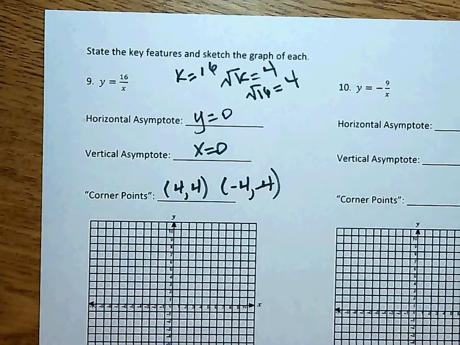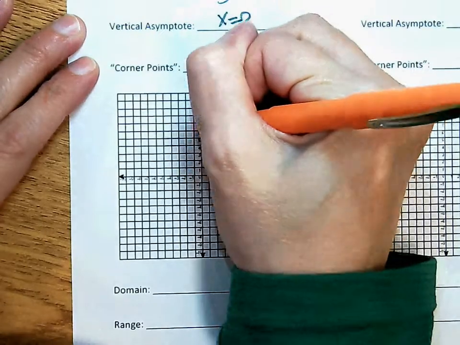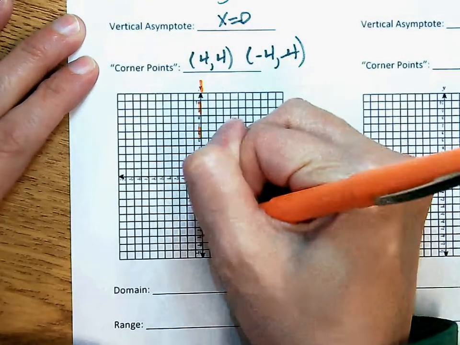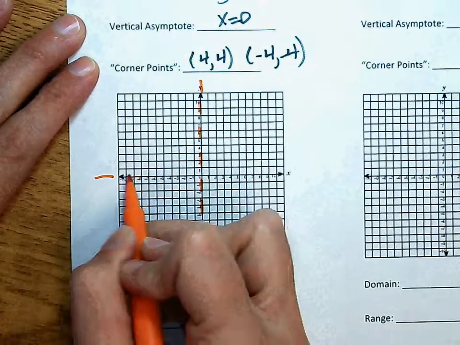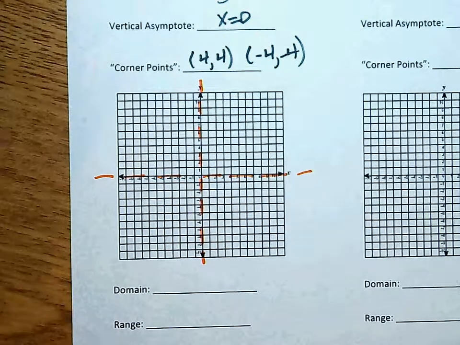Okay, so where did we say these asymptotes are? The axes right now, right? So how are we going to draw it? Solid line? Dotted line, dashed line, right? Because it's not part of the graph, so we can't make it solid. So if I dash my asymptotes, just like that, there they are.